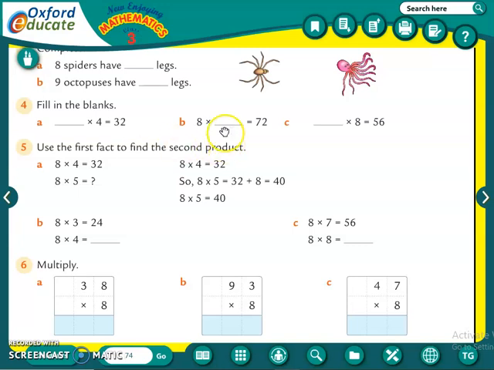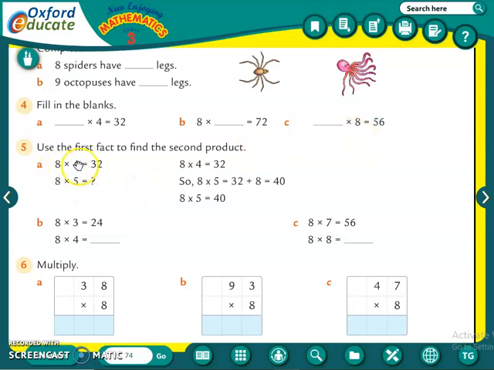Same here, second one, 8 multiplied by dash is equals to 72. 8 के टेबल में 72 कहाँ आता है वो आपको याद होगा तो आप यहाँ पर immediately लिख सकते हो. And the last one, that also you have to do by yourself.